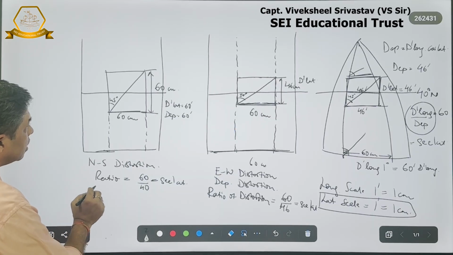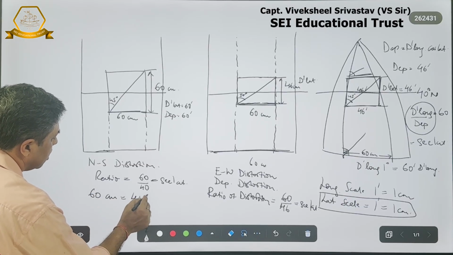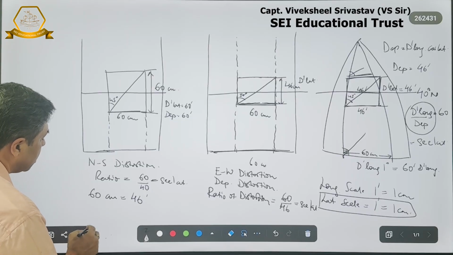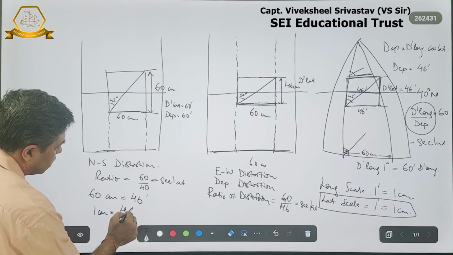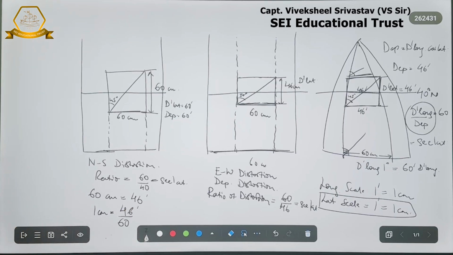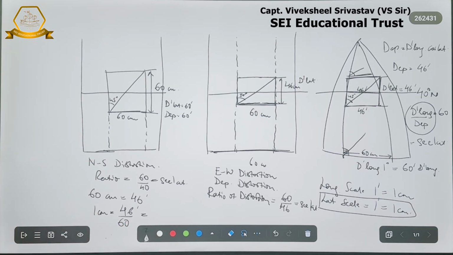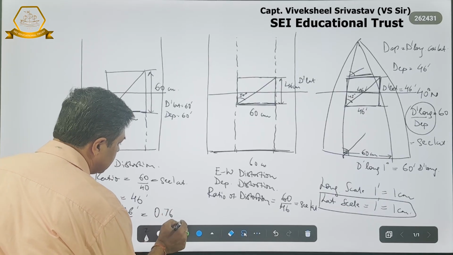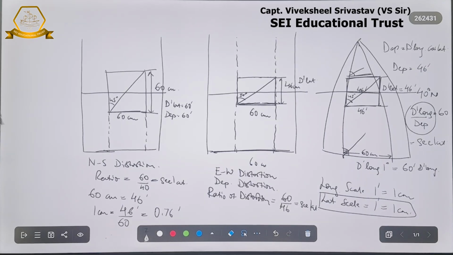Okay, let's do this only. 60 centimeters is equal to 46 minutes. So now 1 centimeter will be equal to 46 upon 60 minutes. So that will come around 0.76 minutes.